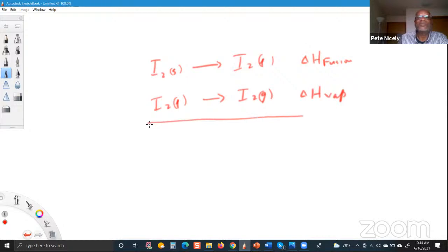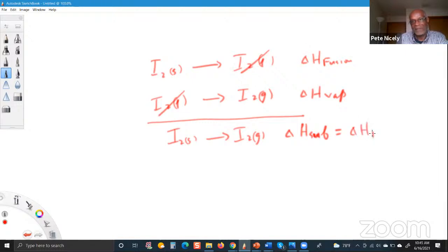So if you were to add these two equations together, this will cancel out with this, and therefore you're going to end up with I2 solid forming I2 gas, and this would be the enthalpy of sublimation here. That would be equal to the sum of these two, delta H of fusion plus delta H of vaporization.